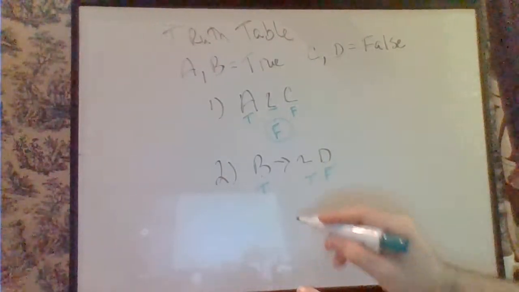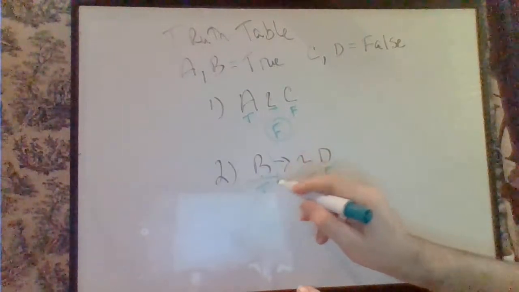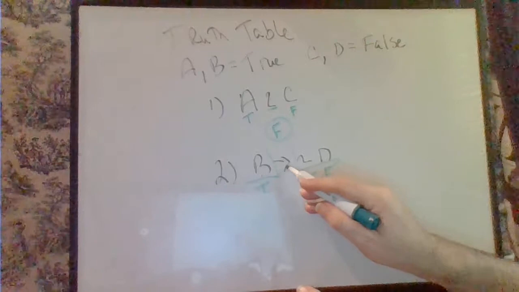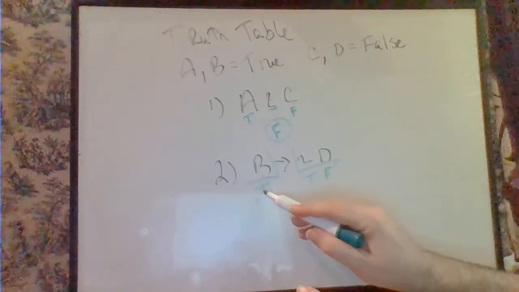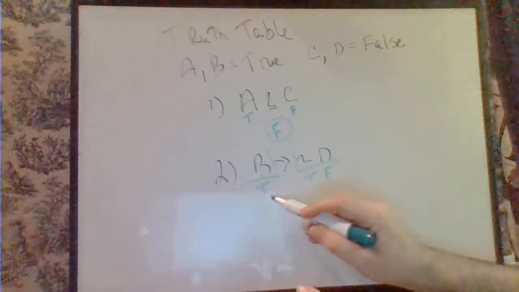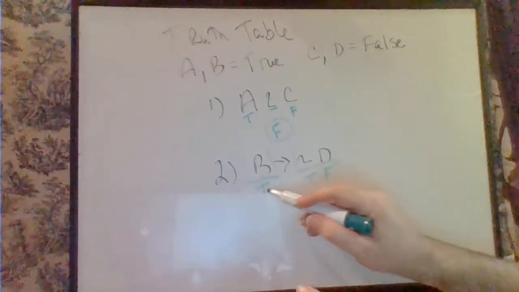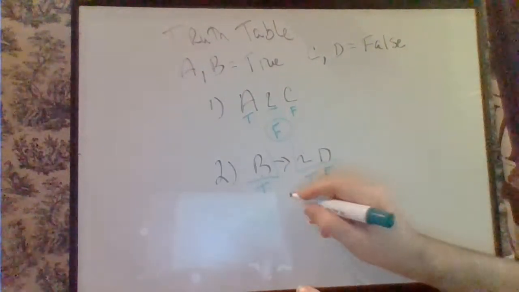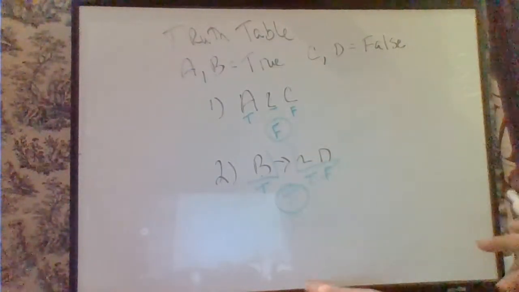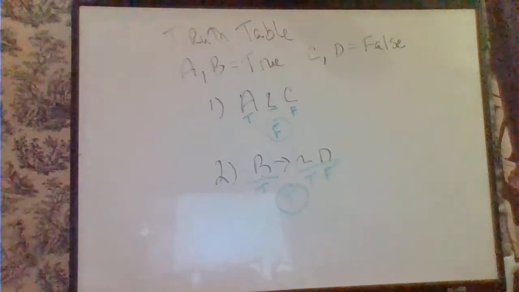And so now we see that our antecedent is true and our consequent is true. And we look on the conditional chart and find the line where the antecedent is true and the consequent is true. So true, true with the arrow, or true, true with the horseshoe if you're using that, works out as being true.